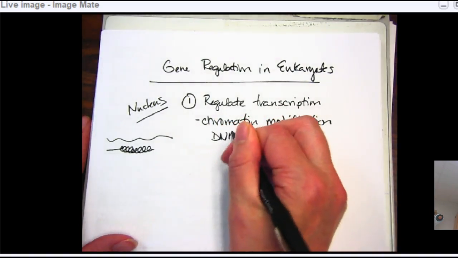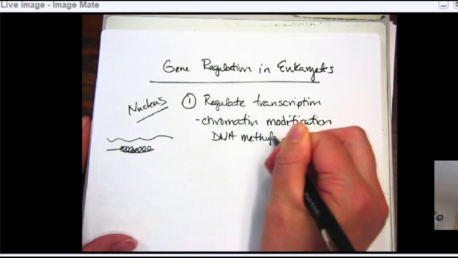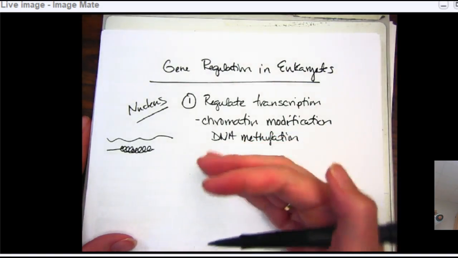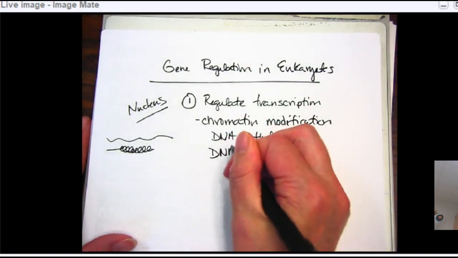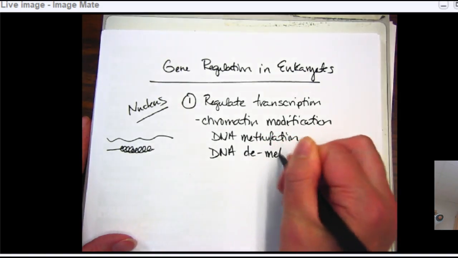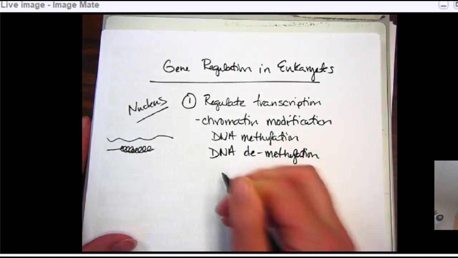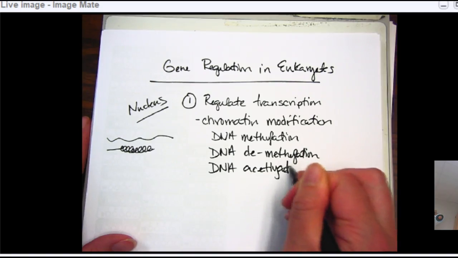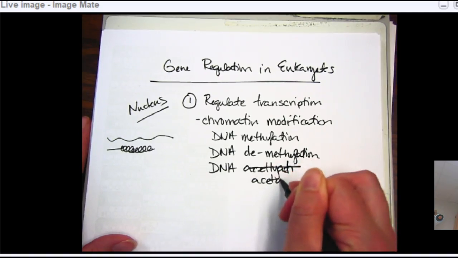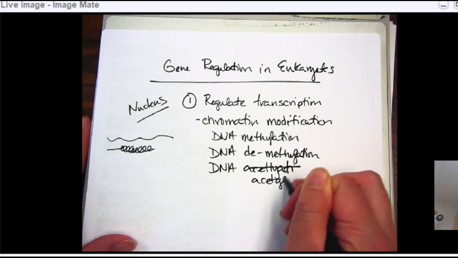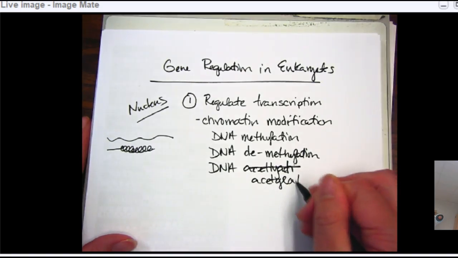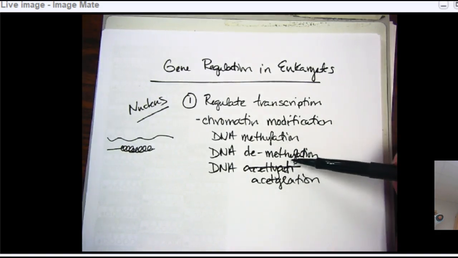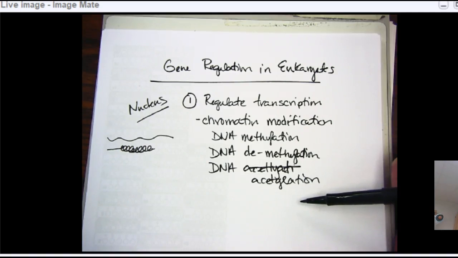So we can have DNA methylation, or we can have the removal of methyl groups, DNA demethylation, or DNA acetylation. So it's the addition or the removal of methyl groups or the addition of acetyl groups.